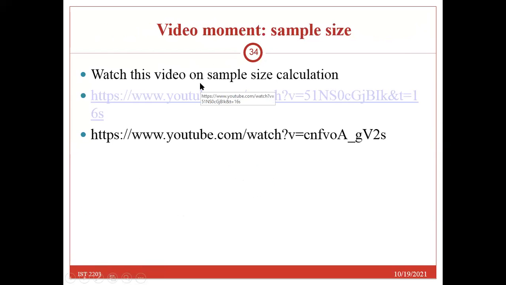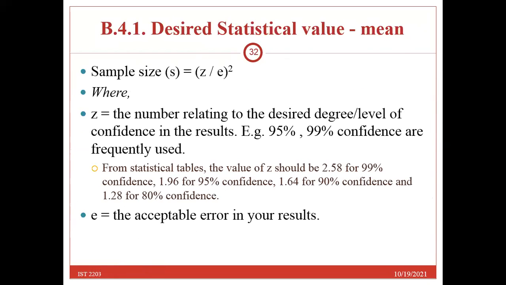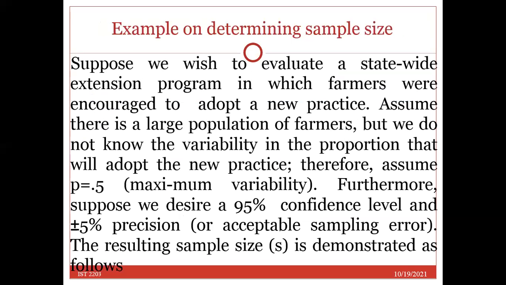So let's look at an example of how you use the proportion. The first one, for the mean, is very simple. Just get the values and put them there. But here is an explanation of how the proportion works. Supposing we wish to evaluate a statewide extension program in which farmers were encouraged to adopt a new practice.